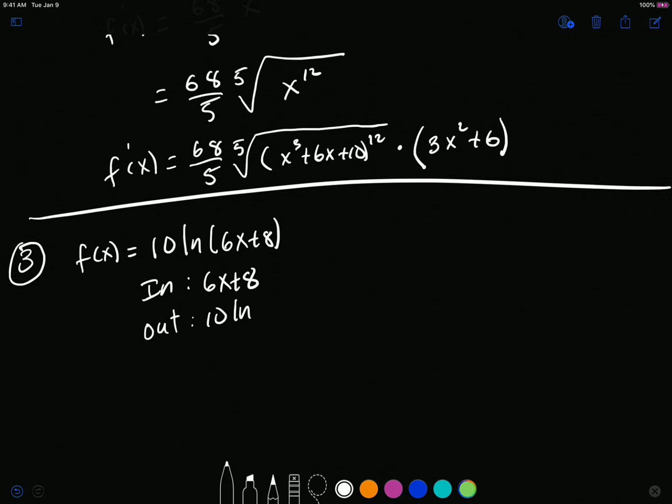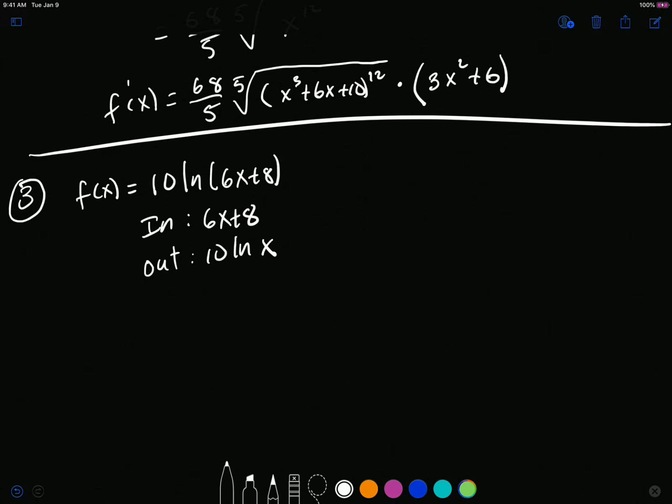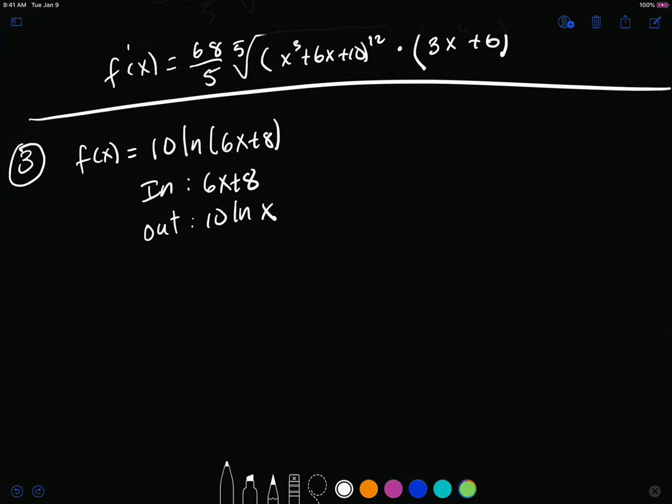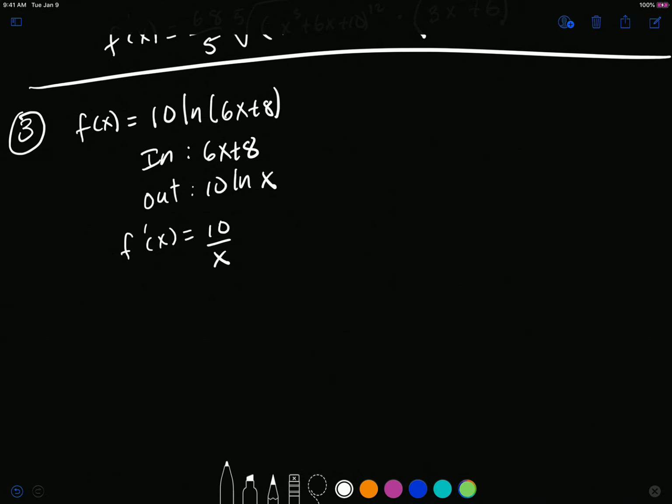Again, if you replace the inside function with an x, that gives us the outside function, 10 ln x. The derivative of the outside function is 10 over x. You plug the inside function back in, 10 over 6x plus 8, and then you multiply by the derivative of the inside function, which just happens to be 6.